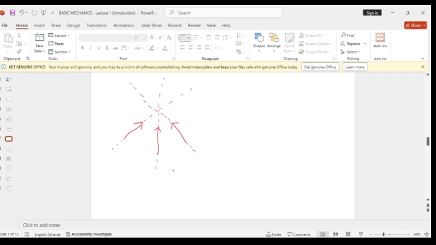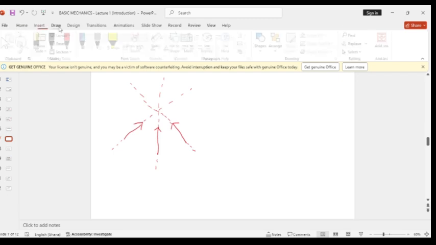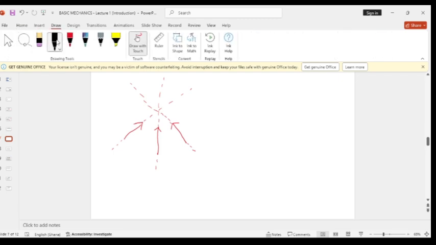So in these situations, you realize that after extending the lines of action of the forces, they are meeting at a point. All these forces are meeting at this particular point.